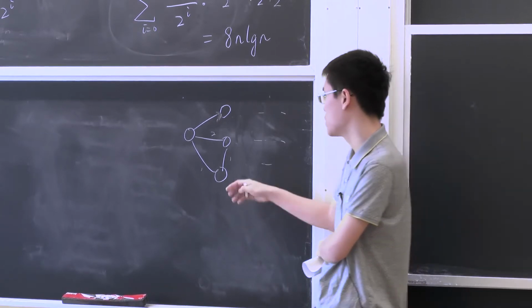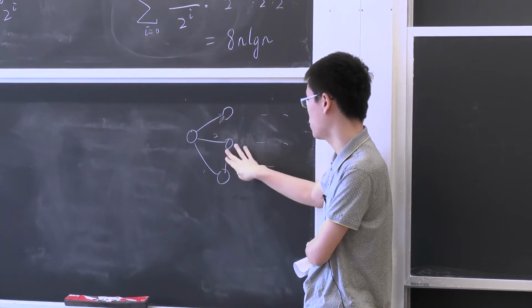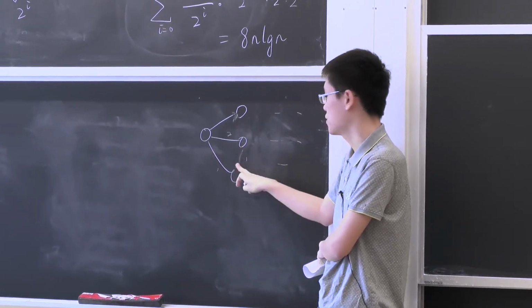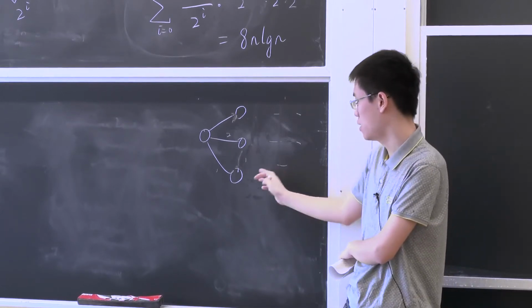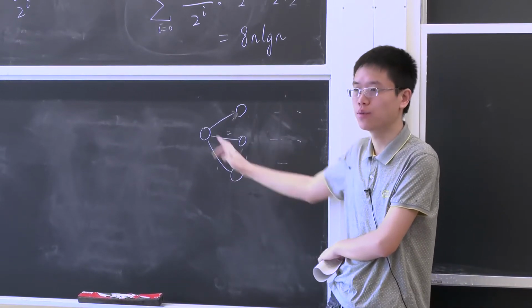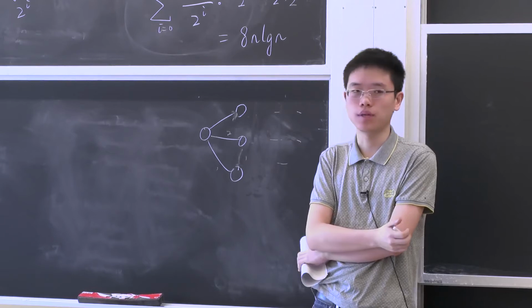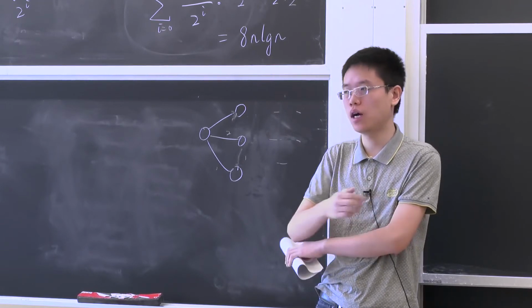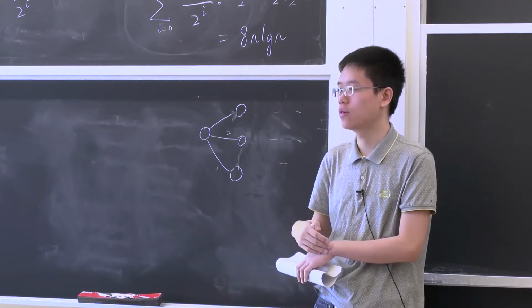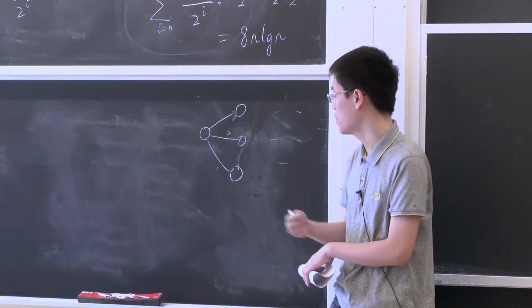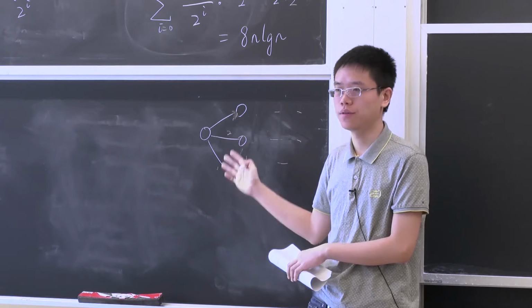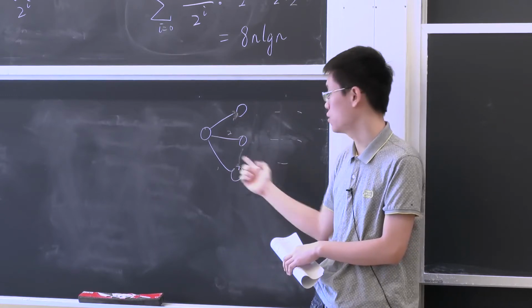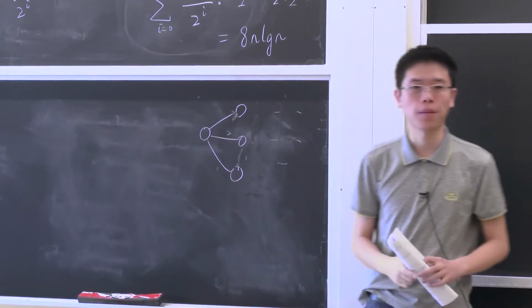A spanning tree means I have to cut one of these edges. If I have a tree, then I can have every child report to its parent how many offspring, including myself, I have. And this node will sum up all its children and report to its parent.